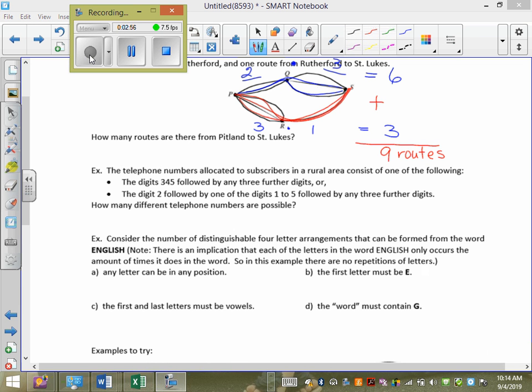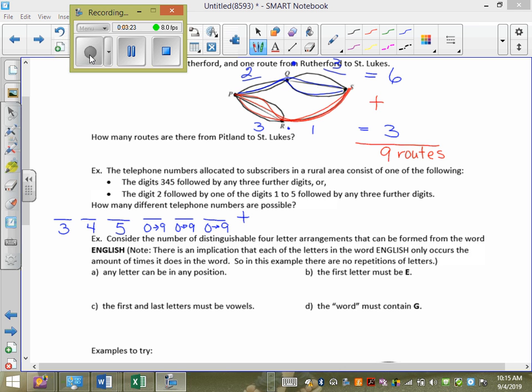So the first one says the telephone numbers allocated to subscribers in a rural area consist of one of the following. So the digits 3, 4, 5, followed by any 3 further digits. So 0 to 9. Or means what? Add.